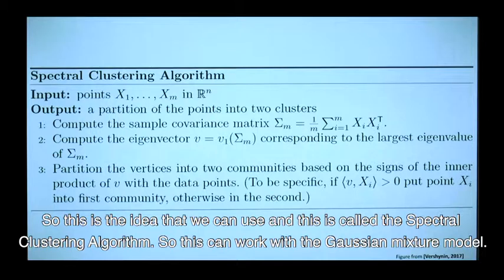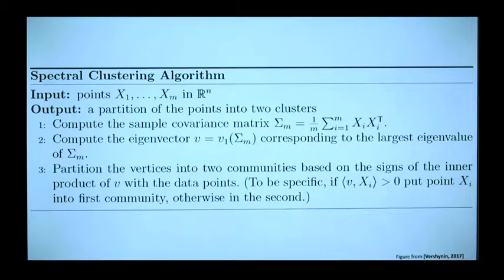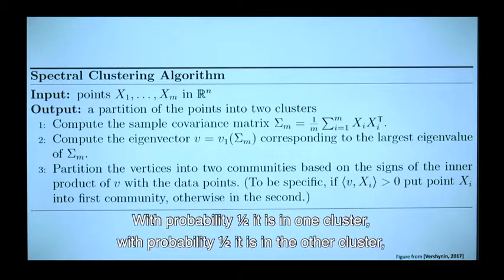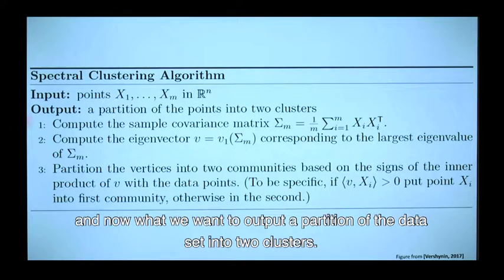This can work with the Gaussian mixture model. Again, you have points x1 through xm in R^n. These are samples that you get from the mixture model. With probability half it is in one cluster, with probability half it is in the other cluster. And now, what we want to output is a partition of the data set into two clusters.